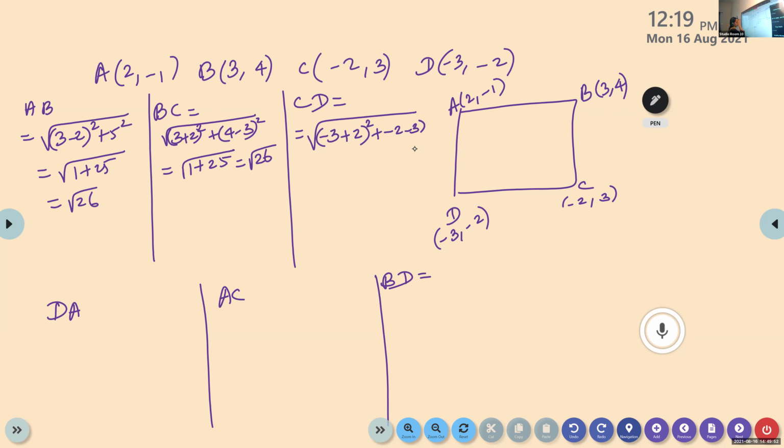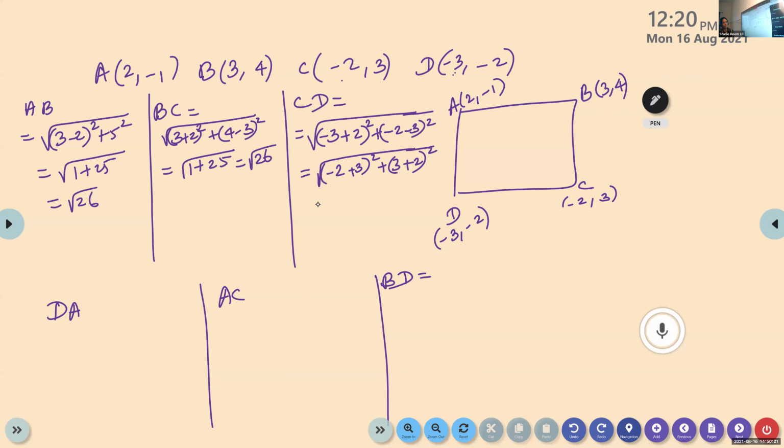Here I think this is the order you asked. Instead of writing minus 2, minus 3, here I took this as x1, y1. So you can take like this also, no problem. Both are same. You'll get the same answer only.